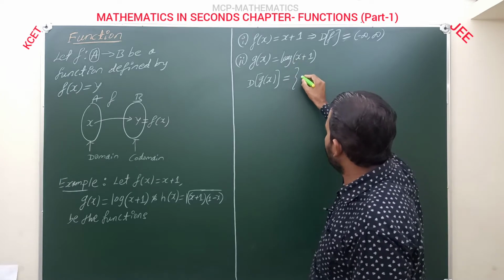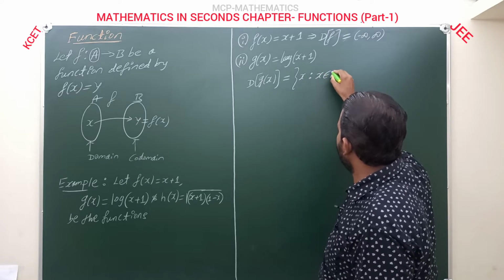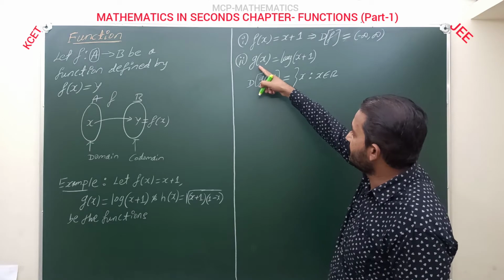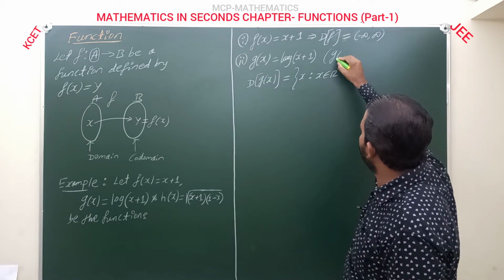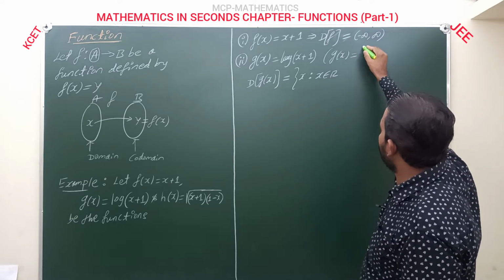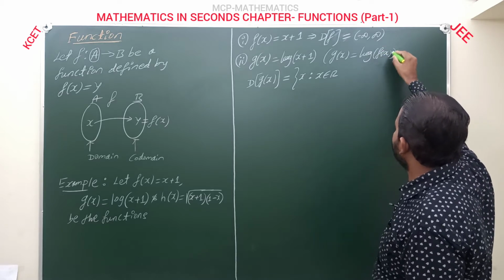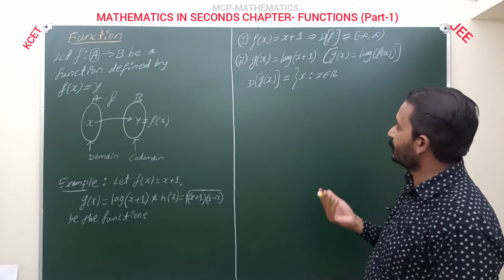The domain is the set of x such that x belongs to the real numbers. Here g of x is in the form of log of another function f of x, and here f of x is x plus 1, whatever it may be.